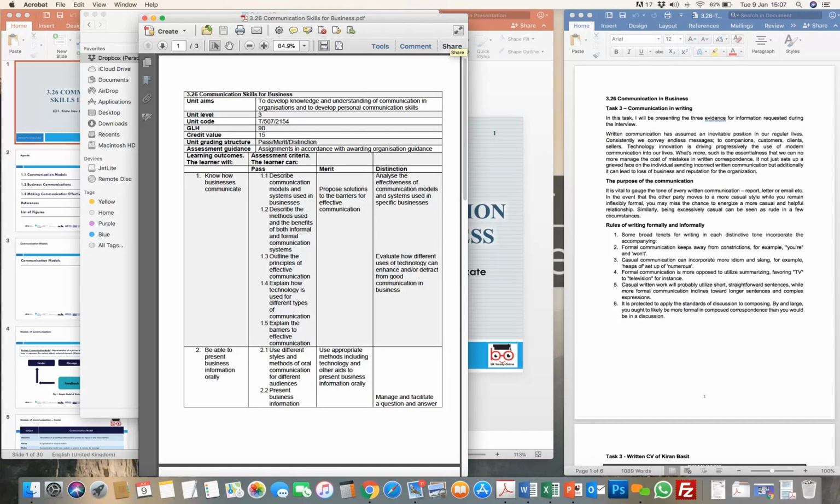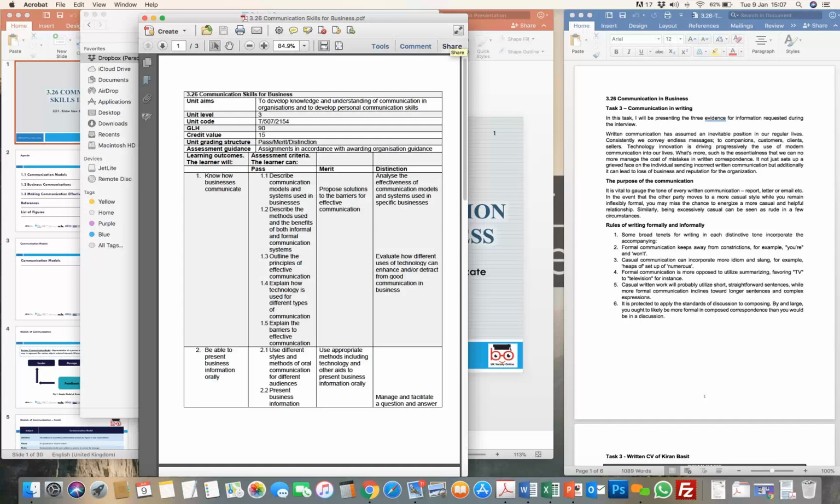A part of this will also be related to human resources management. Communication is one of the key skills required if you work within the HR department, or if you manage people, or work as a supervisor with a lot of staff that you manage, then communication skills become quite important.